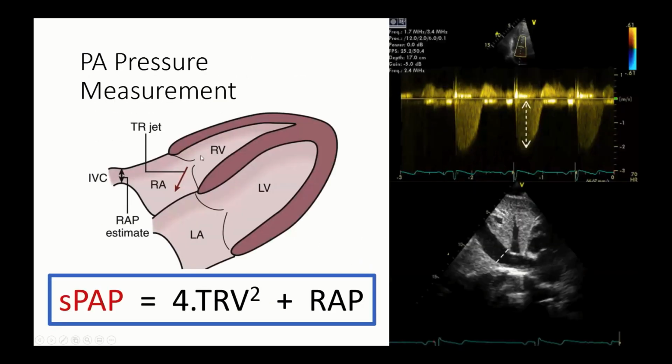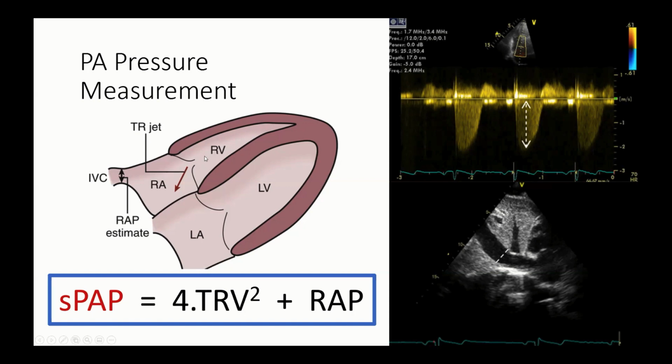In trying to predict the pulmonary artery pressure, we have to predict the RV pressure, and in addition to that, we add the RA pressure. The RV pressure during systole, if there is any regurgitant jet from the RV to the RA, that regurgitant jet is going to have a flow in it, and that flow can be interrogated and applied into the equation to come up with the transvalvular gradient.